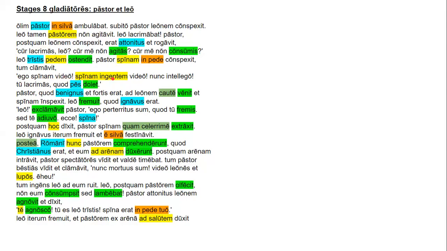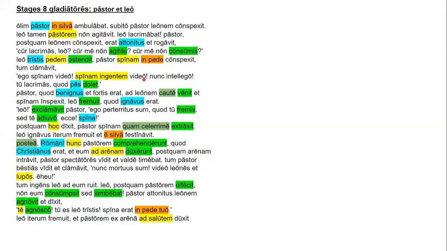Spinam ingentem, so this right here, another accusative direct object, spinam again. So the spinam, the thorn, and ingentem, this is an adjective describing spina. And remember that ingens means huge or big. Video is the present tense verb used again.